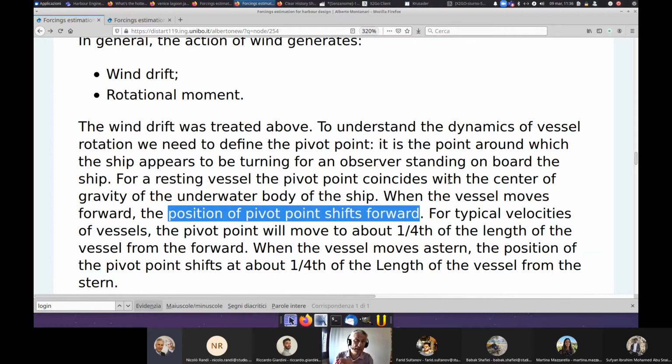This is something that I can ask at the exam. The pivot point for a resting vessel is one thing: the definition is the center of gravity of the underwater body. For a moving vessel it is a different thing. When the vessel moves forward, the pivot point shifts forward, and so on.